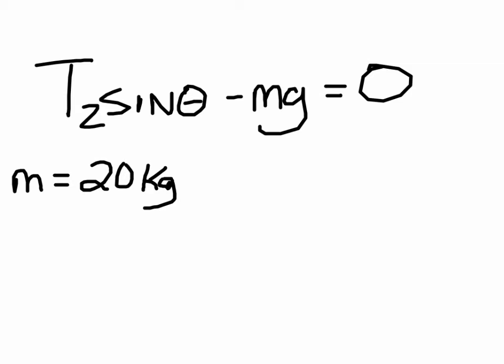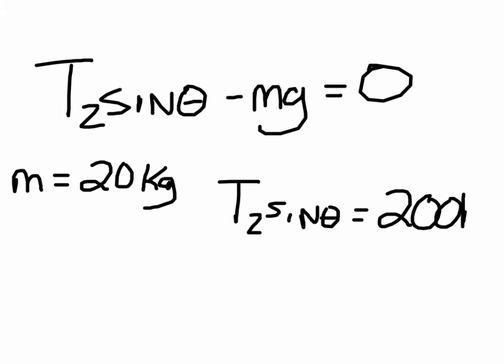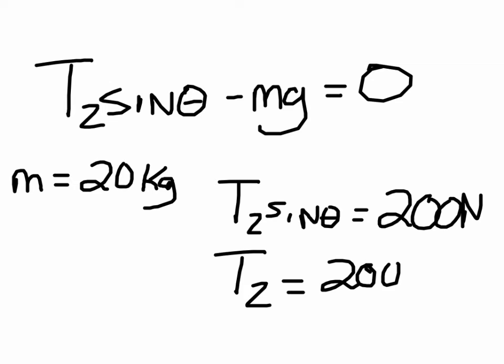I can say that T2 sine of theta must be equal to mg. That's mass times the gravitational field strength of Earth, which is around 9.8 or 10. So that means that this equals 200 newtons. If I want to solve for T2, T2 is just going to be 200 divided by sine 60 degrees.